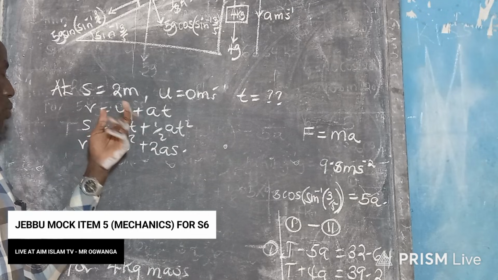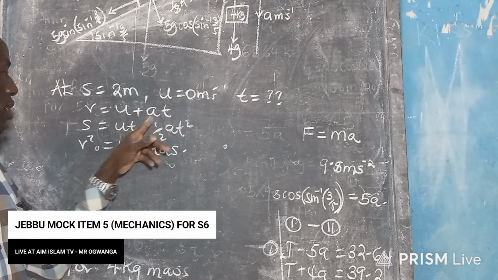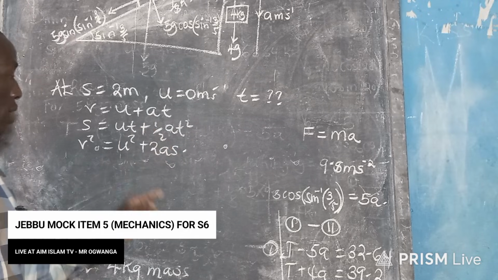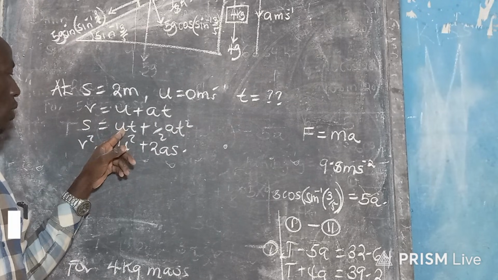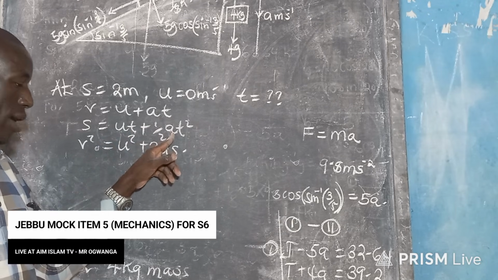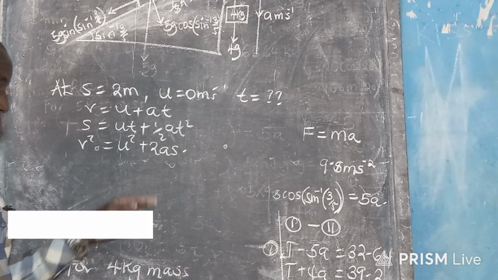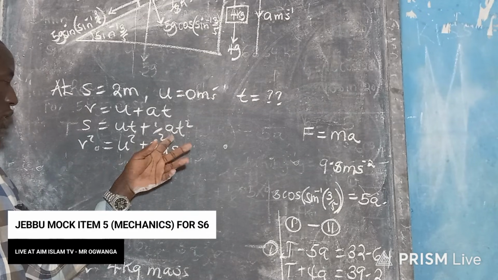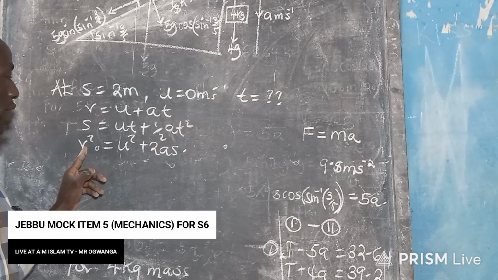When you look at the first equation, you realize that we don't have the distance. We are only seeing the initial velocity and the acceleration. The second one, we can see that we have the distance, the initial velocity is there, and we are looking for the time, and we have the acceleration which is 0.7289. So this one can work for us. But in the last one, we don't have the final velocity.